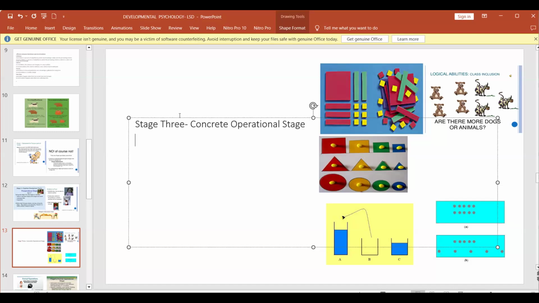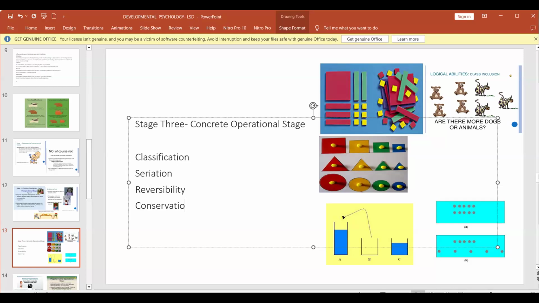You can take it down. One is classification, very significant cognitive development, their ability to classify. Seriation, reversibility, and finally the key feature, conservation.